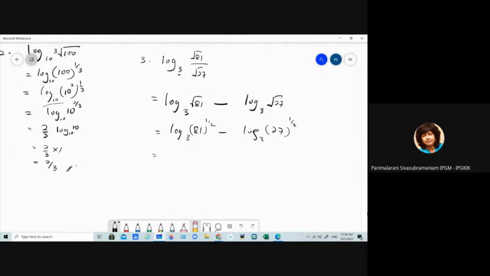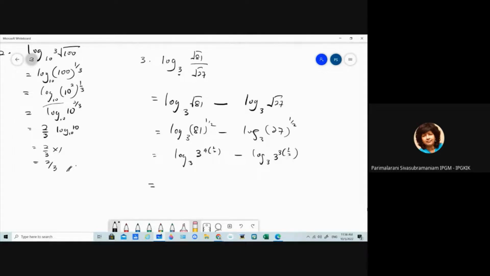Because the base is 3, try to write 81 as base 3. So this will be 3 to the power of 4, right? 3 to the power of 4, to the power of half, minus log 27, which is 3 to the power of 3, to the power of half.